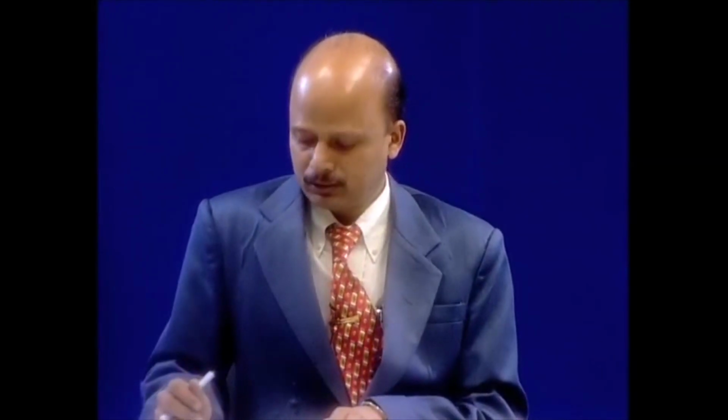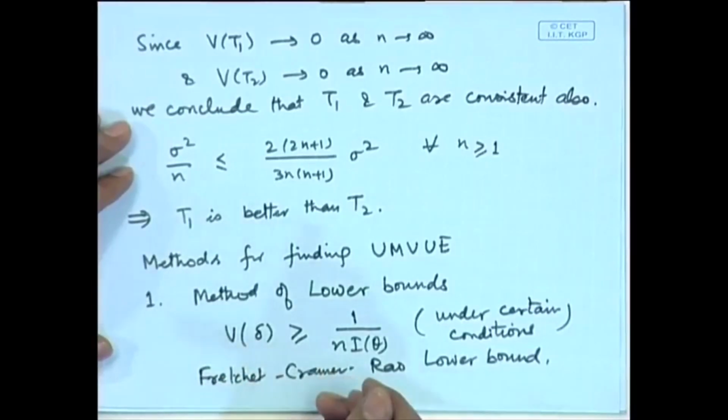Later on, generalizations of this Frechet-Cramer-Rao bound have been done, and we have the bounds when we have multi-parameter situations, when we can use higher order derivatives, etcetera. But for application of these lower bounds, certain conditions need to be satisfied, and the bounds may not always be attained.